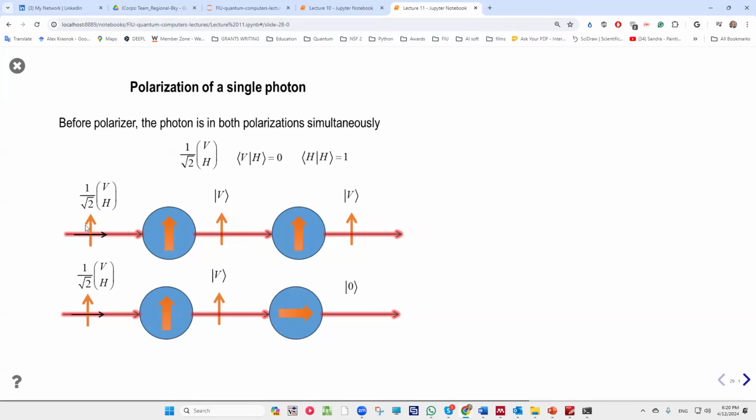Let's say we have a wave that is partially polarized vertically, V, and horizontally, H. The horizontal polarization must be drawn orthogonally to the vertical, but for simplicity I just put this arrow along the propagation, so it doesn't really matter. So this is the horizontal polarization of a photon.